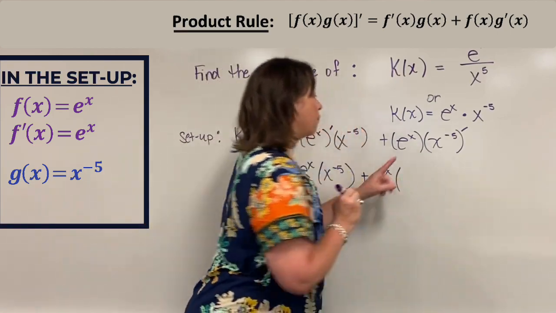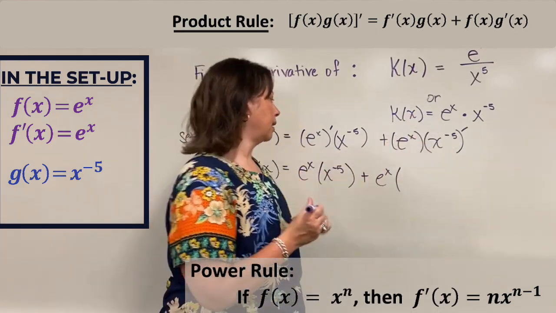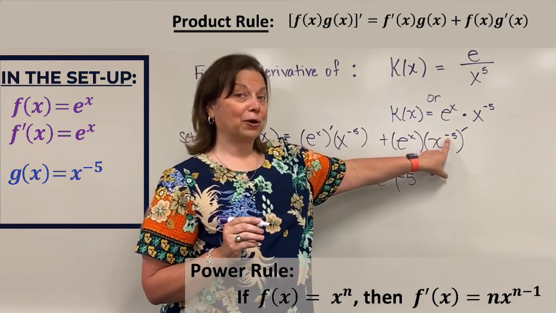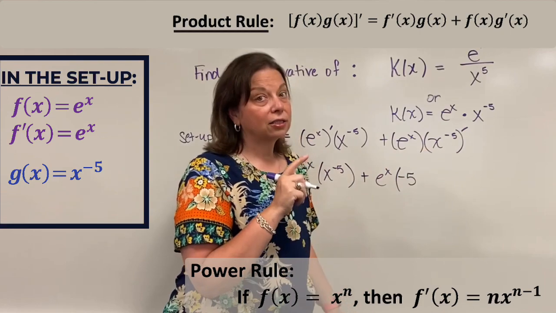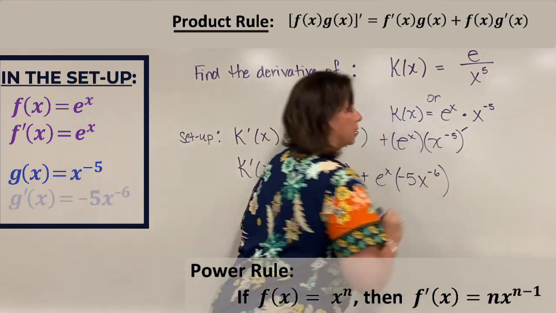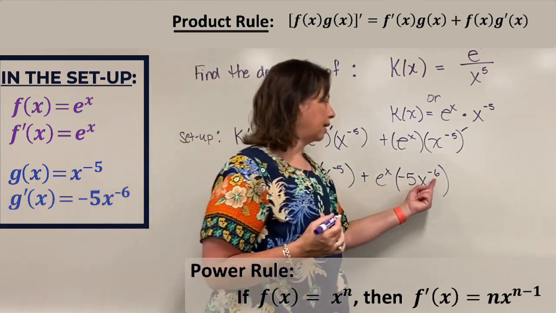So when we go to find this derivative using the power rule, once again, we'll bring that -5 down in front, and then we will reduce that power by 1. So just a quick note, if I have -5, subtract 1, I now have a new power of -6. So I'm subtracting 1 from that -5, thus I get a -6.